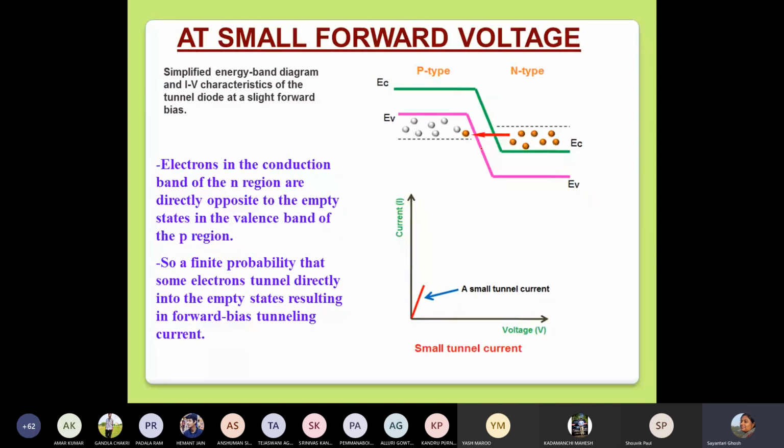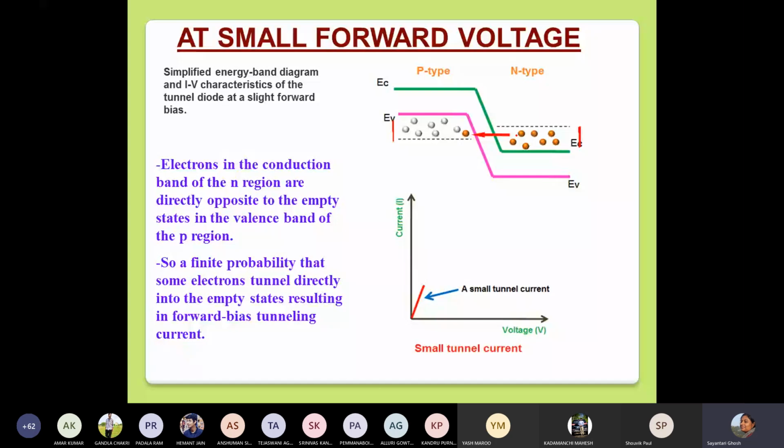But here, as soon as this window between the conduction band bottom and E Fermi and the valence band top and E Fermi, these two can see each other, they can face each other. It encourages tunneling, and the carriers just break through this barrier.